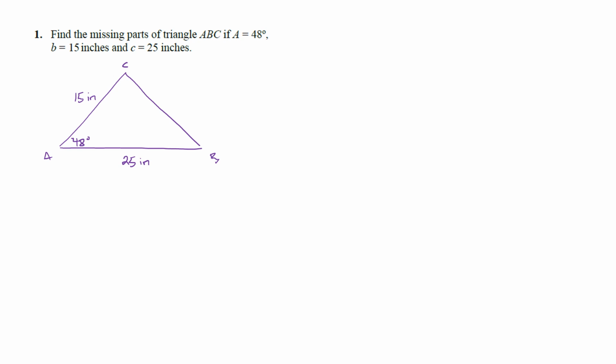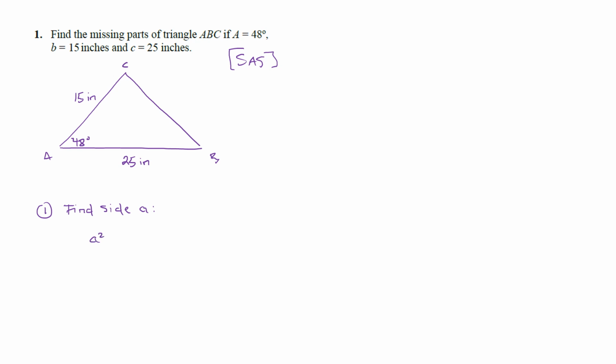Note that what's given here is a side angle side triangle. We have a side, which is 15 inches, an angle, which is 48 degrees, and another side, 25 inches. So let's first find side A. To find side A, we are going to use the law of cosines.